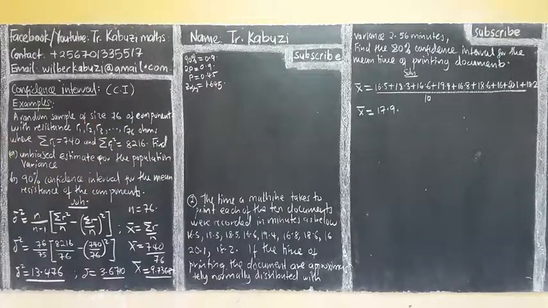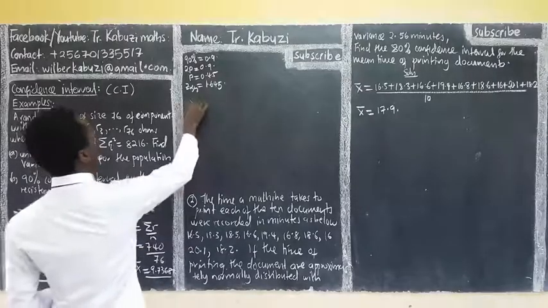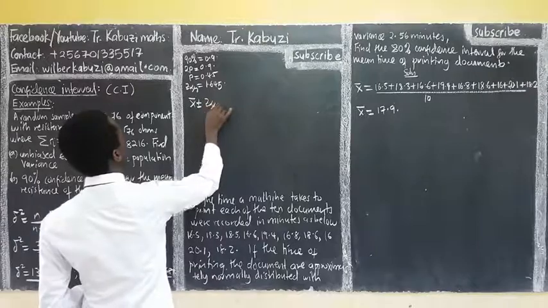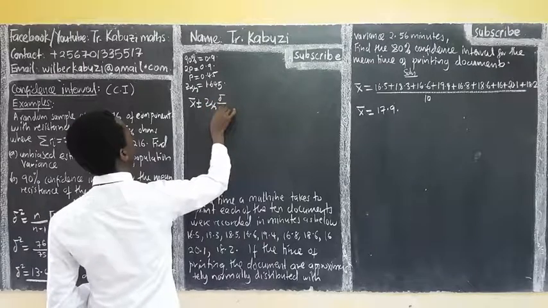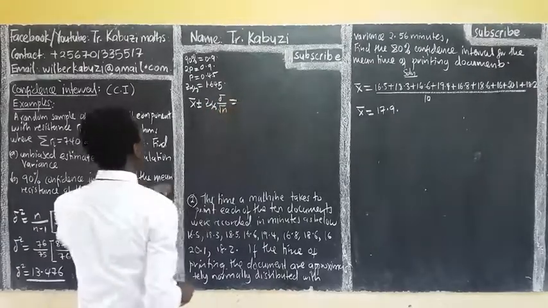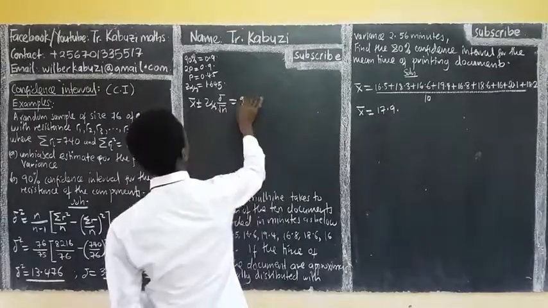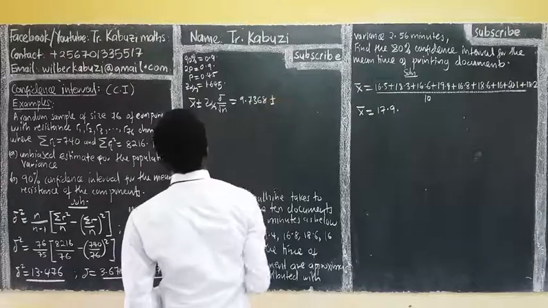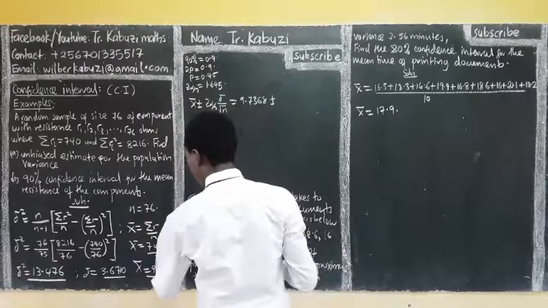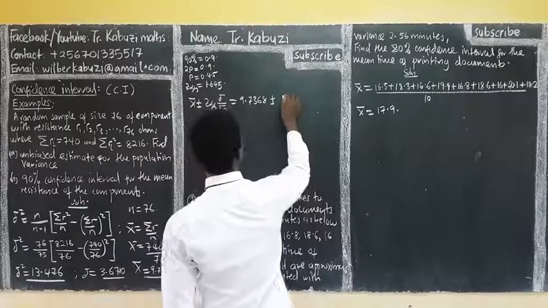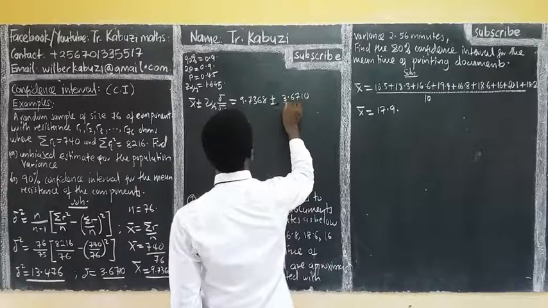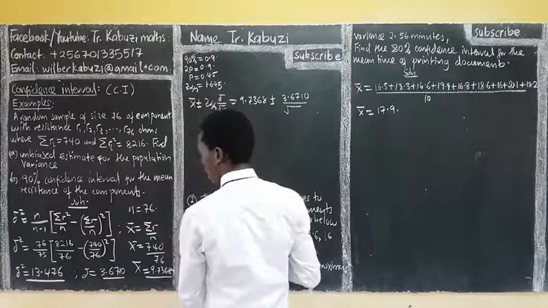So after getting that, we can now state our formula because we need the interval: x bar plus or minus z alpha over 2 times sigma over root n. Here our x bar was 9.7368 plus or minus. Now our sigma is 3.6710 over root of our n.